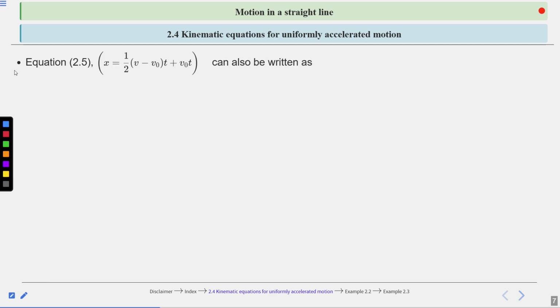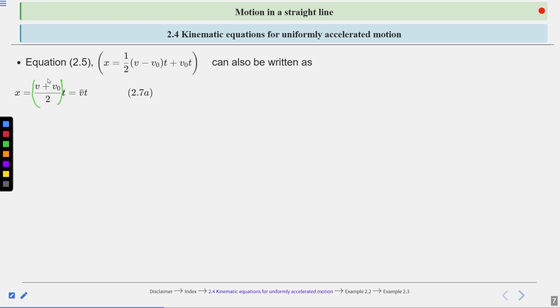Equation 2.5, x is equal to half v minus v naught into t plus v naught t, can also be written as x is equal to v plus v naught divided by 2 into t. Here v plus v naught divided by 2 represents the average velocity.